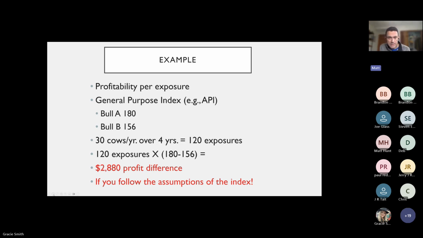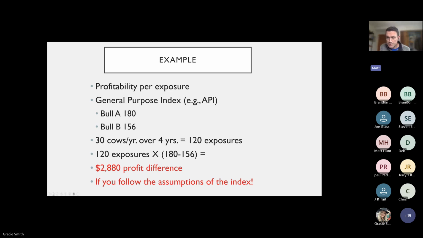Because the difference in index value, in this case, 24, says that Bull A should generate $24 more profit per exposure than Bull B, right?